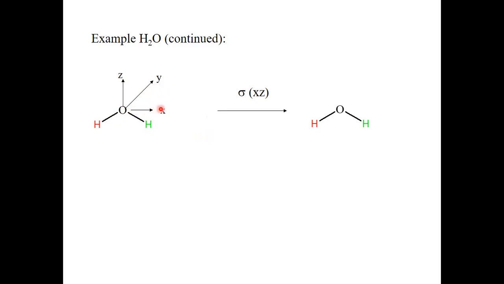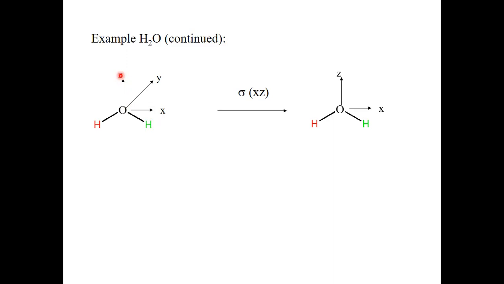Can anyone say this, or shall I do the first part? Okay, so if the mirror plane is in the xz plane, then nothing will happen to the coordinate x, right? And the same is true for the coordinate z.